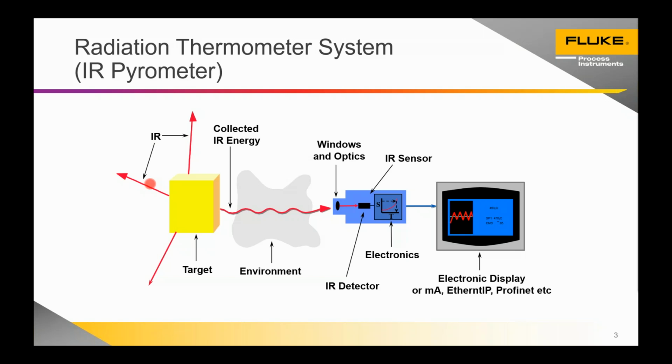Then we moved into ASCII over serial, but we now can interface directly with PLCs: Rockwell, Ethernet IP, Siemens, and GE for Profinet. Some of our PC-based systems will also output via OPC directly to a PLC.